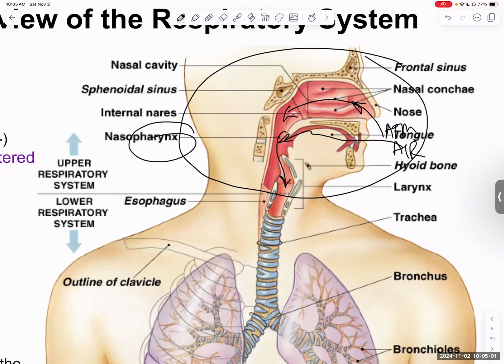From the pharynx, it will go down into the larynx. This is the epiglottis here, and when we're breathing, the epiglottis is open, so air can come down into the trachea. When we eat, of course, we have that epiglottis fold over the trachea so the food can go down the esophagus.